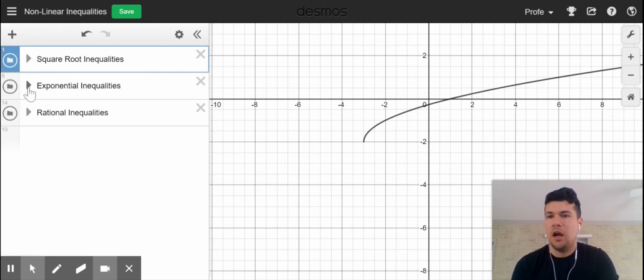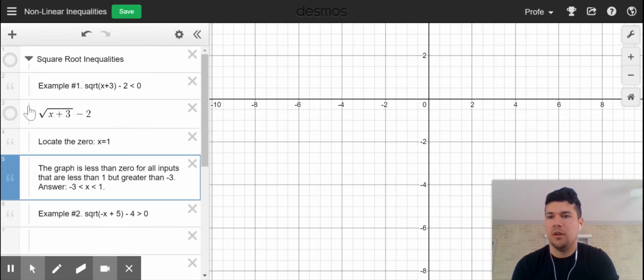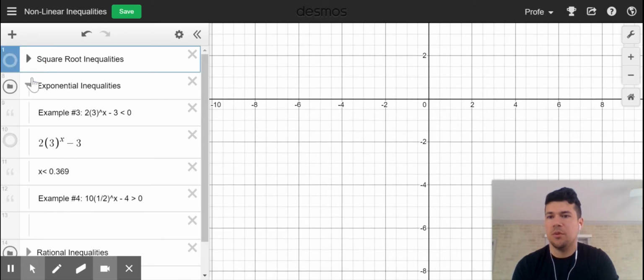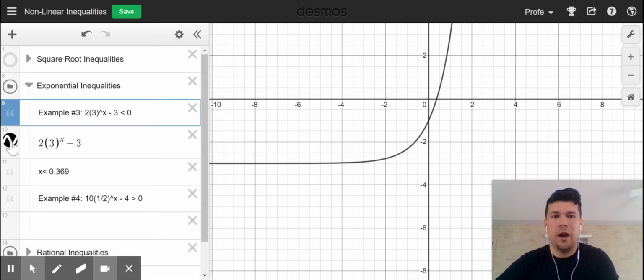All right. We can do the same with an exponential function. Let's see. So with an exponential inequality, let's say we have 2 times 3 to the x minus 3 is less than 0. So once again, we're going to look at the graph that it produces, and we're just going to look at the part that is below the x-axis. That is the part that is less than 0.